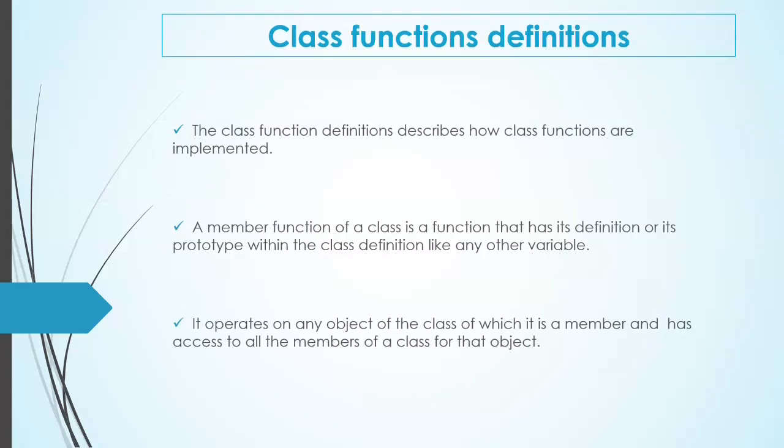Next one, class functions definitions. The class function definitions describe how class functions are implemented. A member function of a class is a function that has its definition or its prototype within the class definition like any other variable.